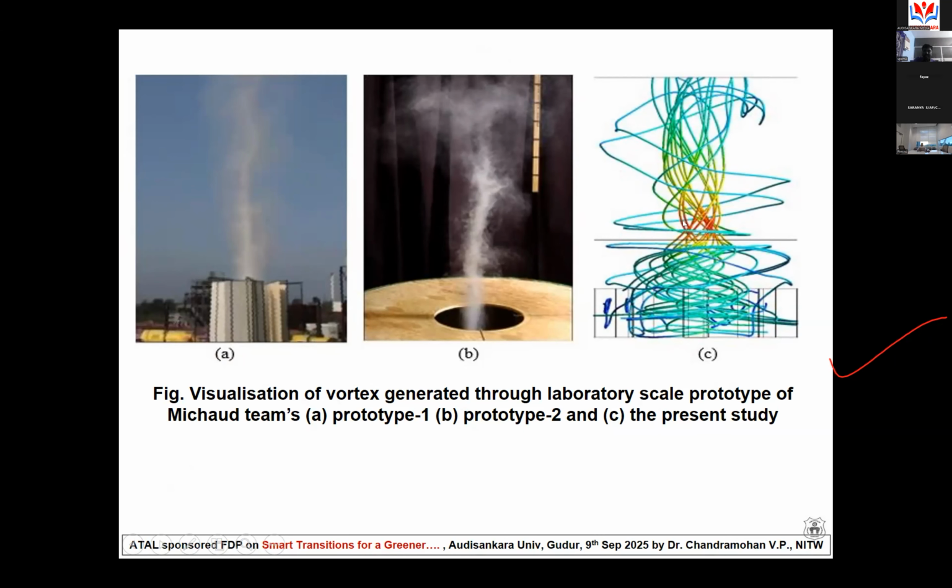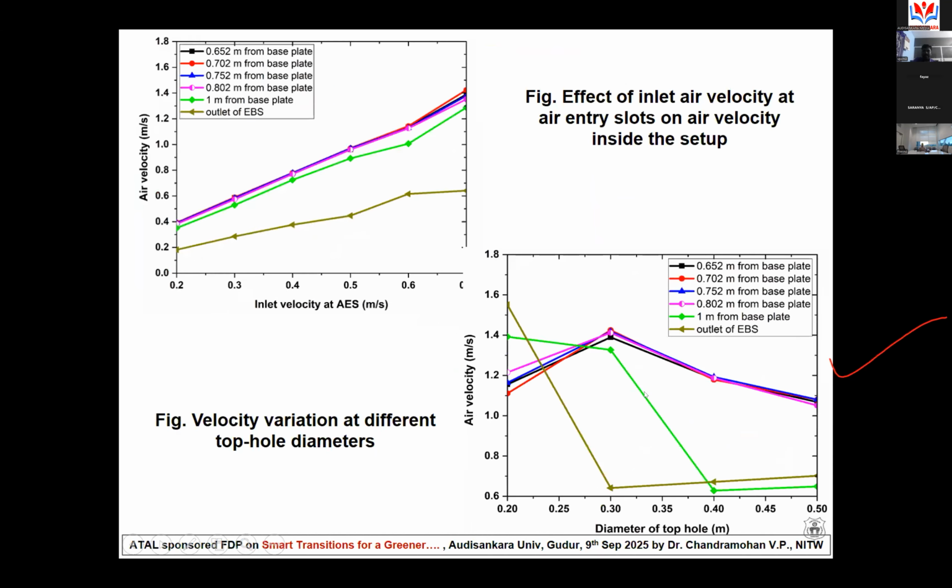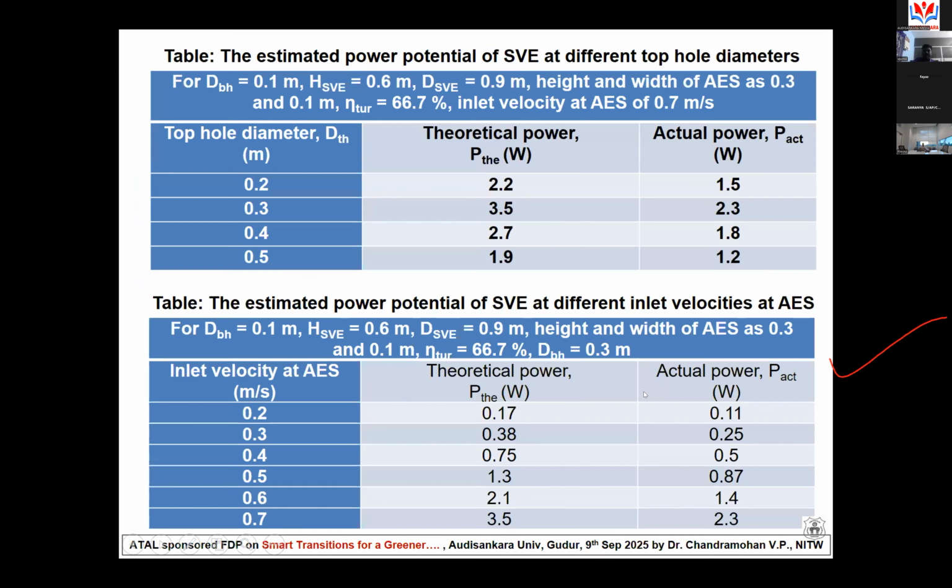We ran the CFD simulations and we were able to get this type of air profile from the top plate. So we could also confirm that the concept MyCard developed is fit for a real setup. Through the CFD simulation, we were able to get the velocity profile like that. Based on that, we were able to provide different simulations.